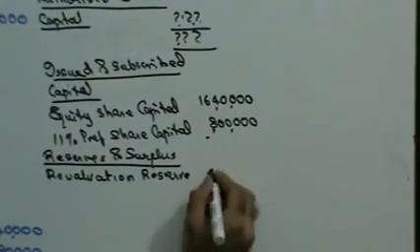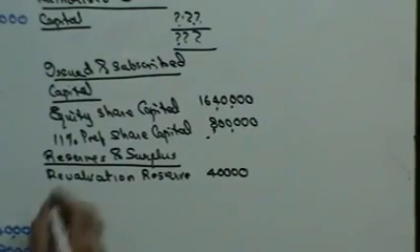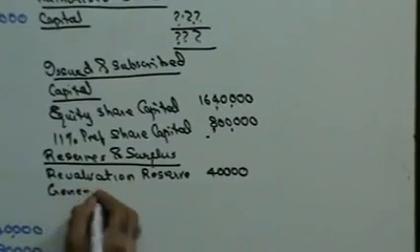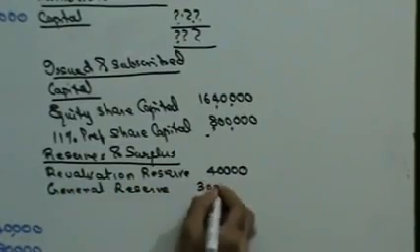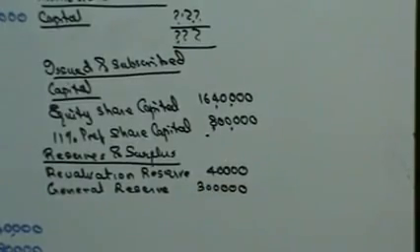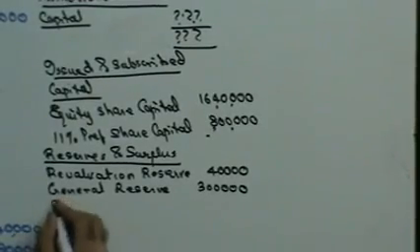Revaluation reserve is 40,000. Besides that, you have general reserve 3 lakhs. Then you have export profit reserve.